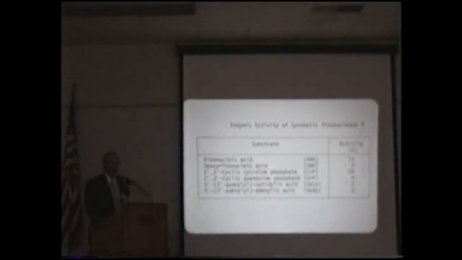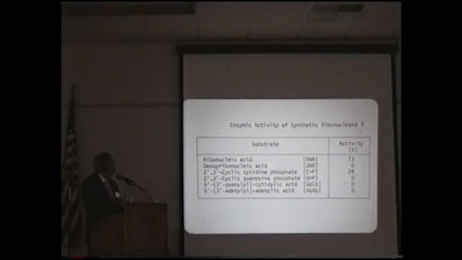Okay. Anyway, there it is. All right. This is done on a crude preparation, not on the final material. But what it shows is that RNA would serve as a substrate and DNA would not, which is what you expect.